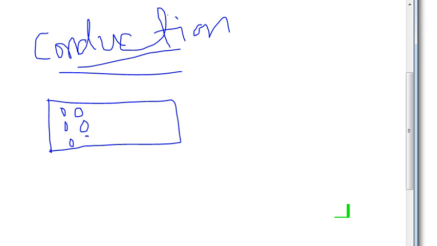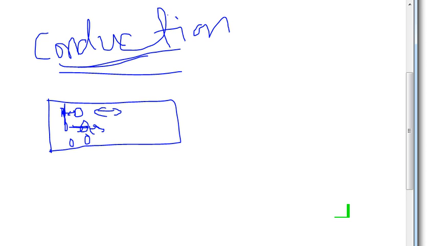These molecules are vibrating, and the heat energy or electrical energy is transmitted, but there is no movement of the molecules. Without the movement of the molecules, the heat or electricity is transmitted. This process is called conduction.